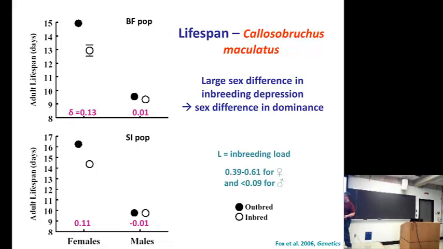You notice that there's a significant reduction in survival adult lifespan of inbred females, but no difference between inbreds and outbreds in males. Same thing in the other population. A fairly large difference in the magnitude of inbreeding depression, from more than 10% to effectively 0, between females and males. So something interesting is going on there.